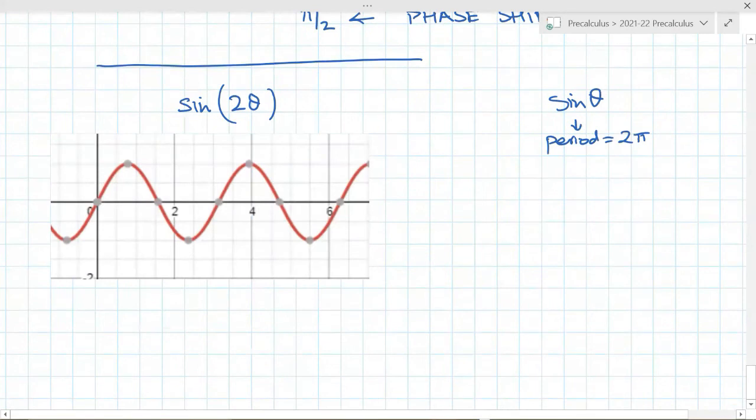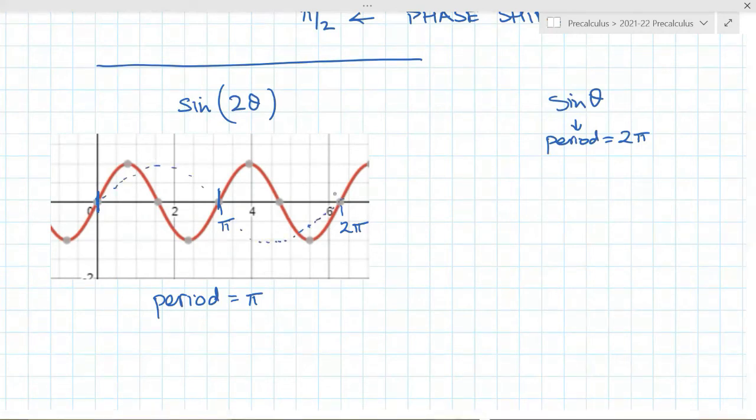This is sine 2 theta, and this is 2 pi. This is pi. What is the period? Pi, right? Because this is one cycle from here to here. So the period is pi. What happened here? Normally the period would be 2 pi for sine theta. Sine theta would go like this. What happened? It got compressed.